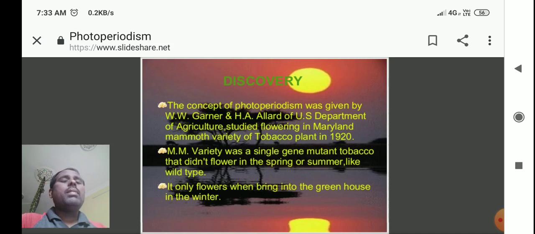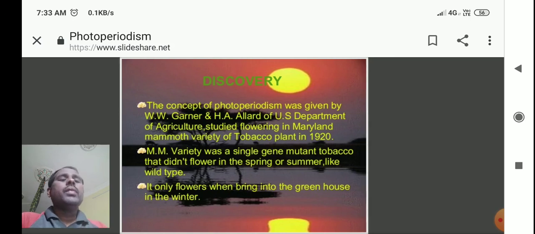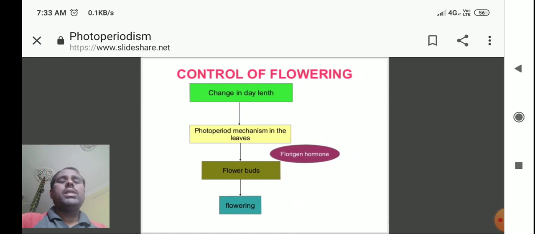This variety was a single gene mutant tobacco that did not flower in spring or summer like wild types. It only flowered when brought into the greenhouse in winter.